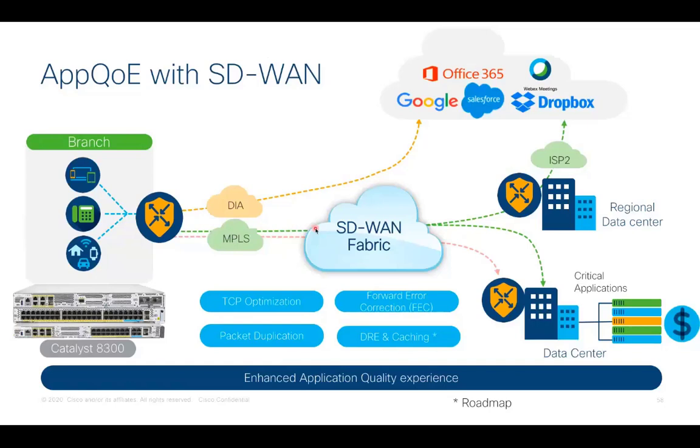Again, with these kind of deployments or designs, we still need a strong branch with a high-performing platform that can do strong AppQoE functions with better application quality. And here we position the Catalyst 8300 series Edge platform.